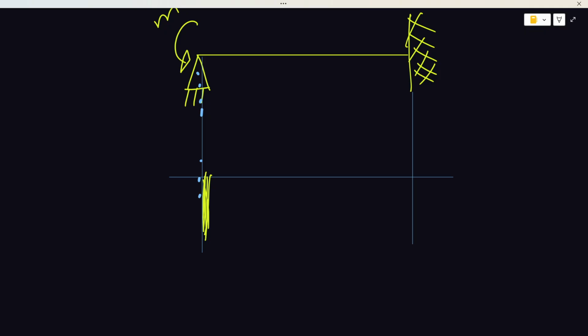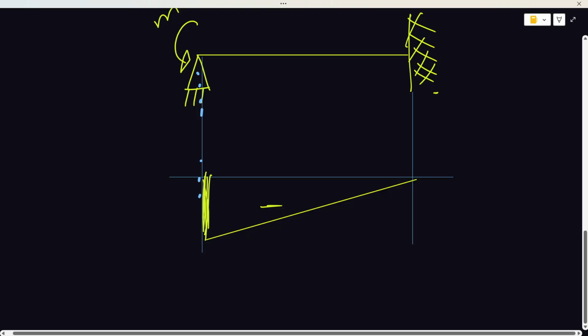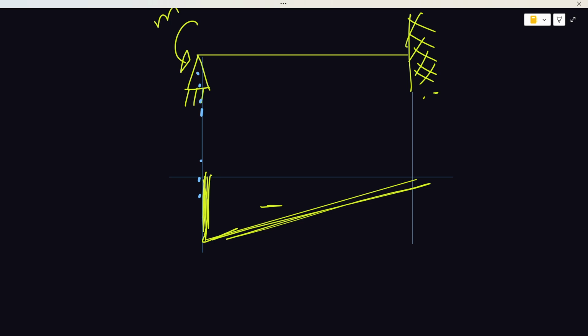Let's say this one was also a negative moment. Let's just say the bending moment diagram is negative. It's a negative bending moment diagram because of this condition that a moment was applied here. Just think of it something like this. Ordinarily, there's supposed to be a moment here, but let's just assume something.